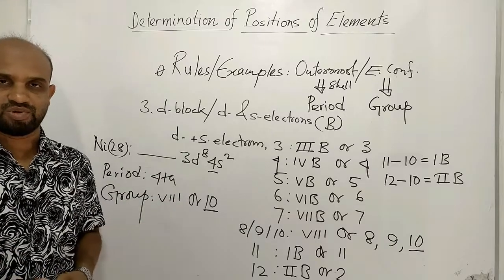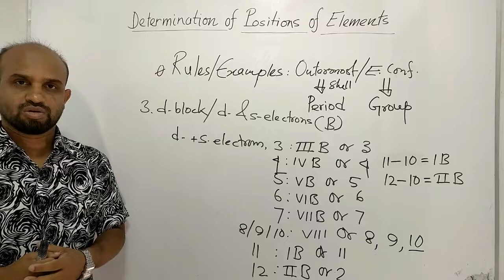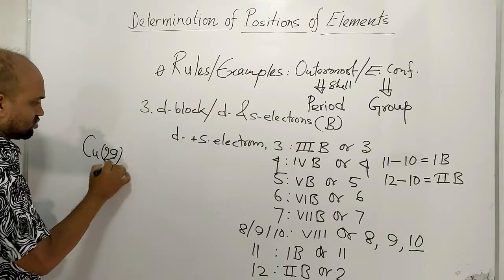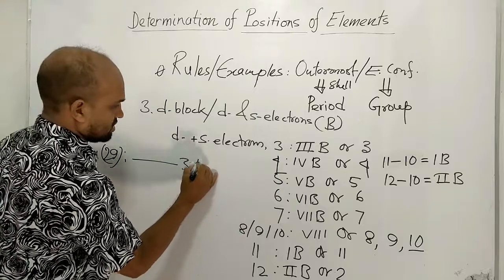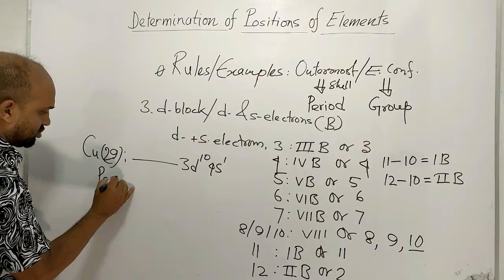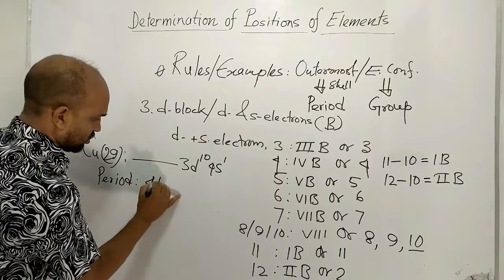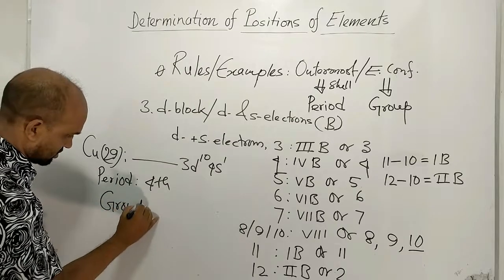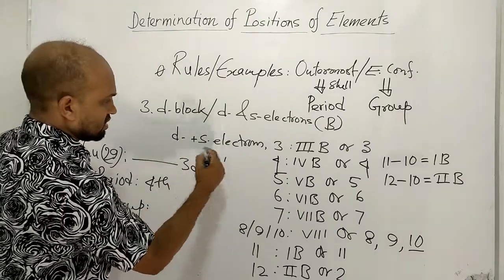Let's see another example. Now let's say copper 29. 3d10, 4s1. Its period is fourth period and group is 11 electrons total.